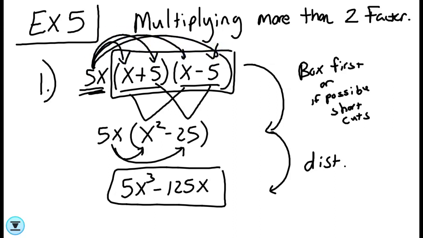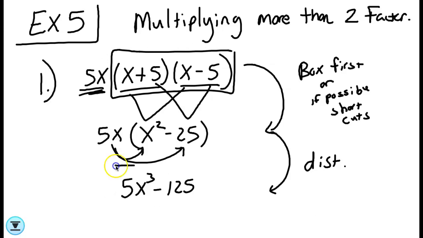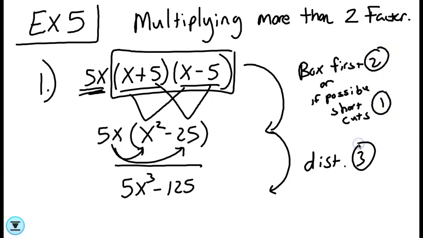You do not do that. If you distribute it into both pairs of parentheses, you're actually multiplying the 5x twice. So if you don't start with distribution at all, then you end up just doing it once like you're supposed to. So that's why I suggest shortcuts first, followed by box, followed by distribution.